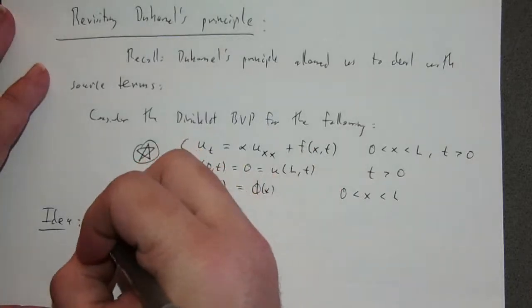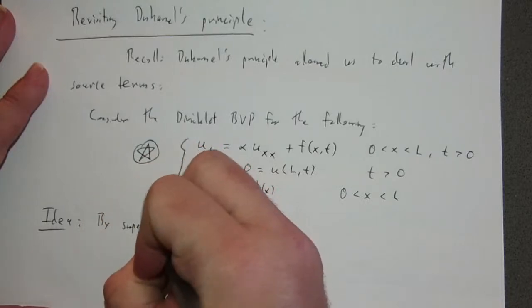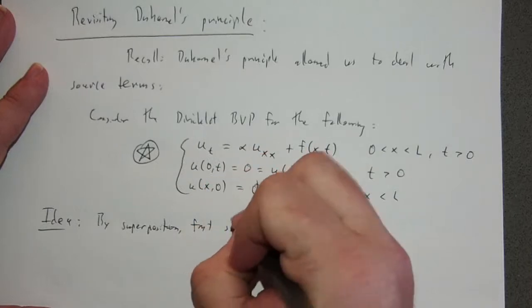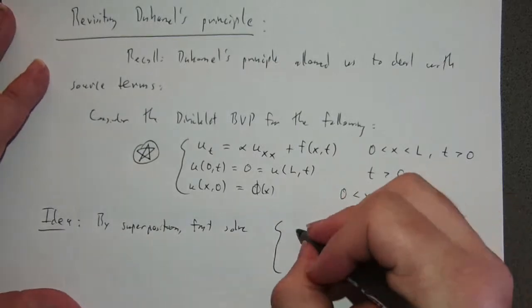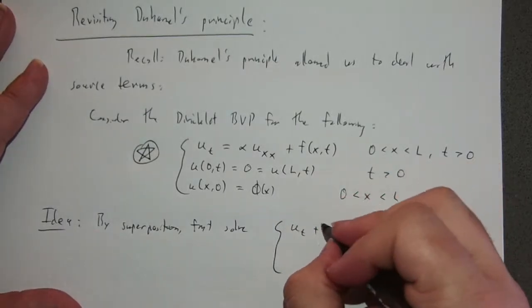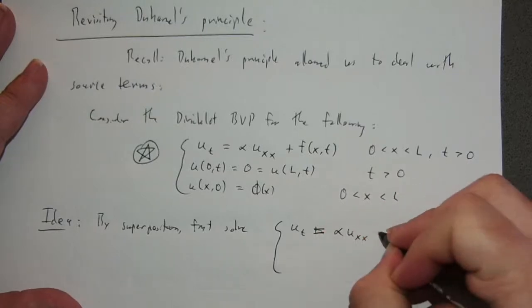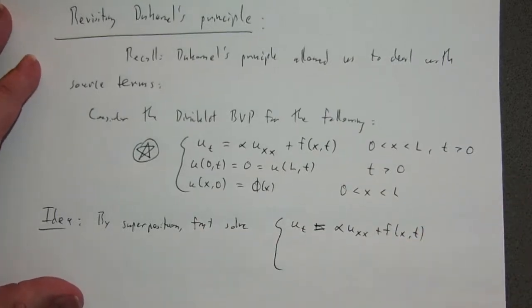So by superposition, first solve the PDE u sub t equals alpha u sub xx plus f of x, t with 0 initial and boundary conditions.